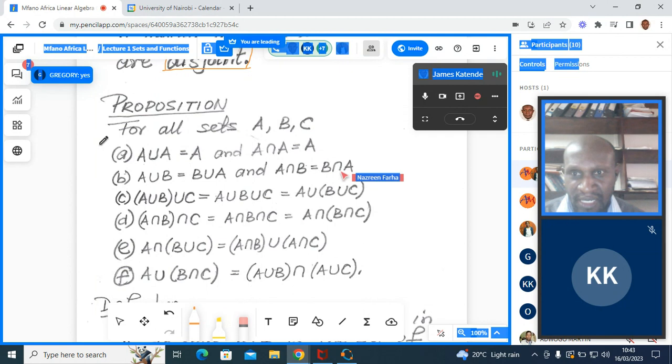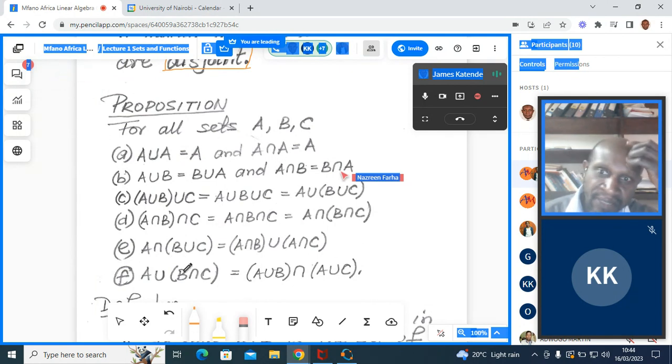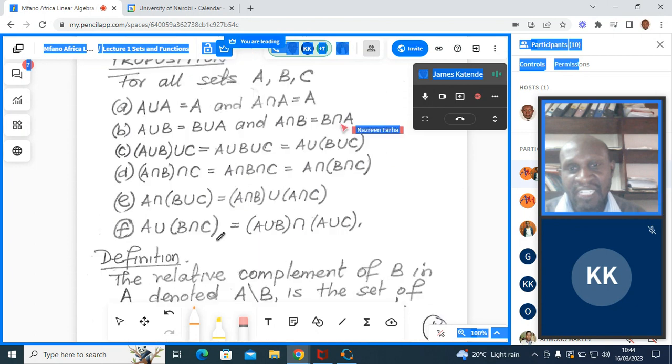Okay, so here is a list of properties that are satisfied by some of these operations on the sets. Again, these ones we shall not prove. I will quickly go through them. This one says if you get the union of A with itself, the union of a set with itself just gives you back the same set.